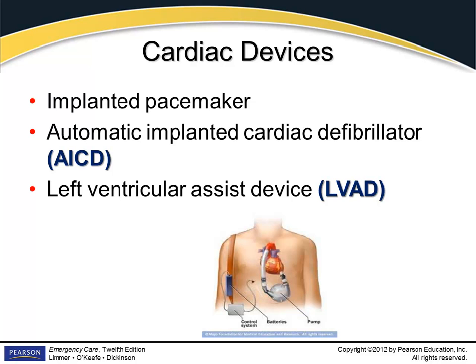They may have an LVAD, which is a left ventricular assist device. The left ventricle is what? The largest, the workhorse of the heart. And if it's failing, if the patient's had several heart attacks, they may have so much dead tissue in there that it just really can't contract well. In that event, they're going to put a device. You can see this device, this is outside of the chest. They'll put a device that functions like the left ventricle.